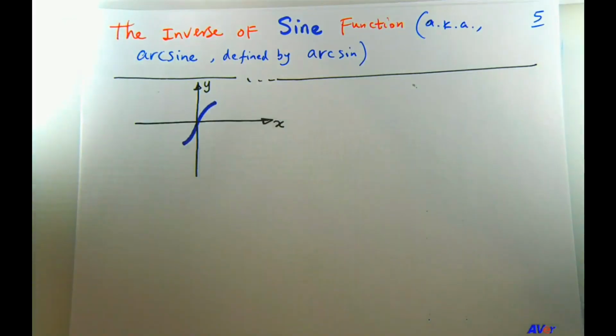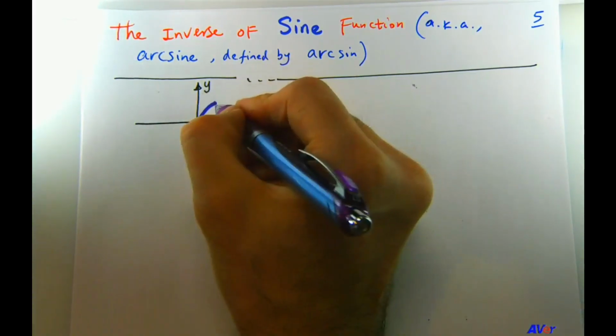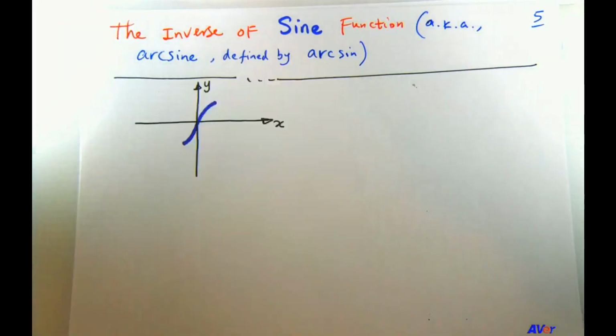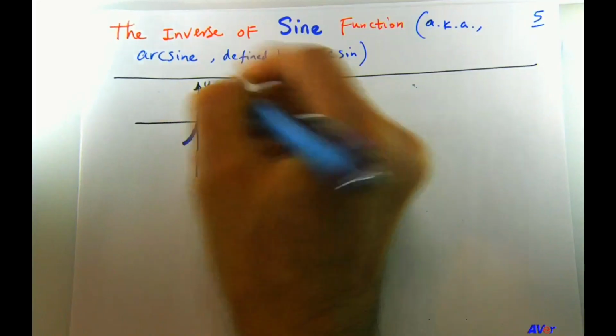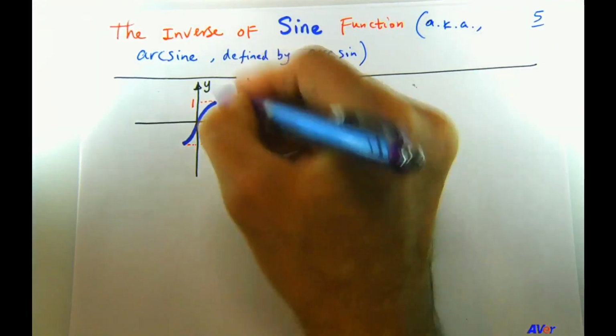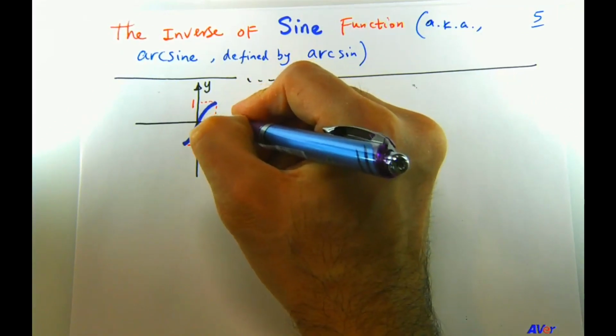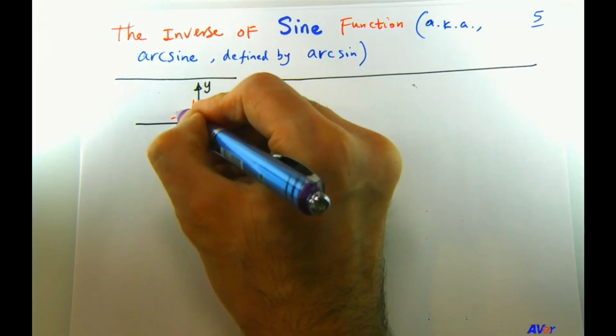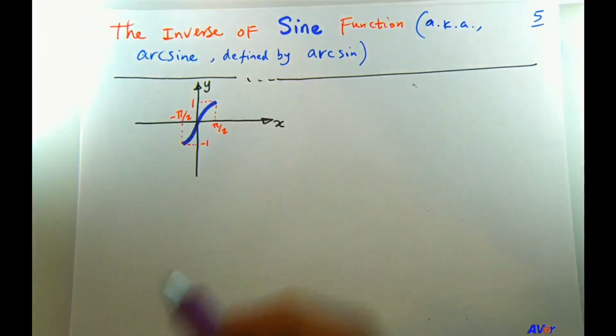If you go back to those graphs that we went over, you're going to see this. And this would be the 1, -1, and here would be pi over 2, and this would be negative pi over 2, right?